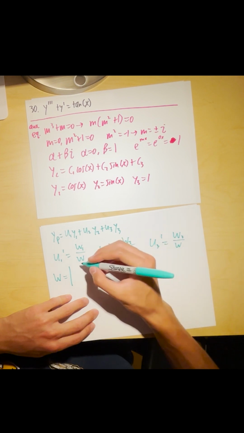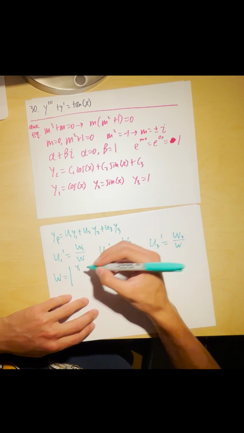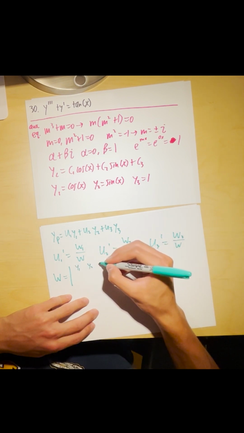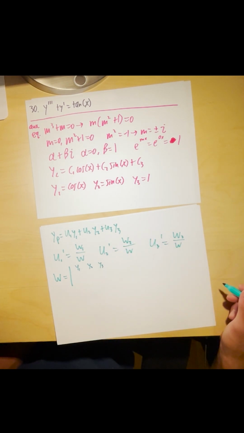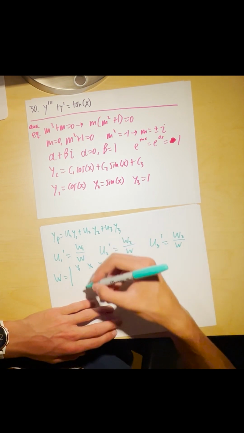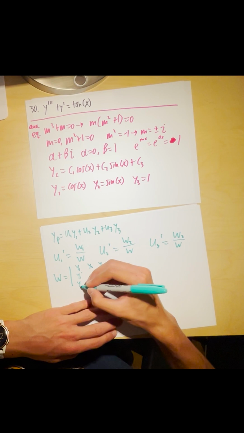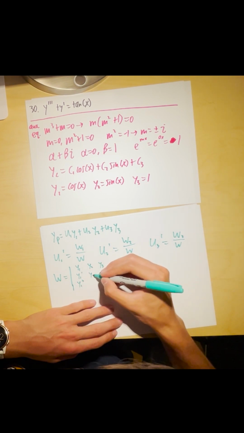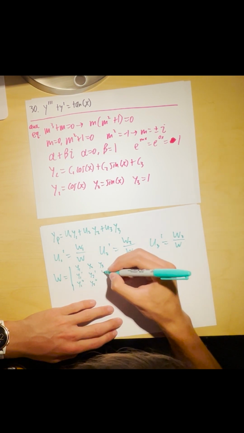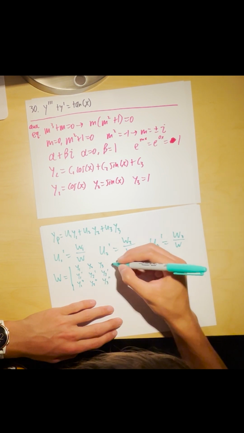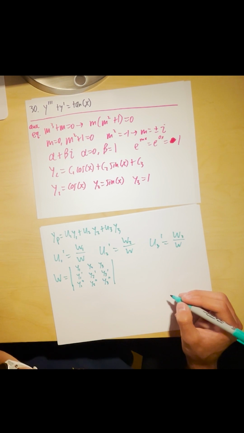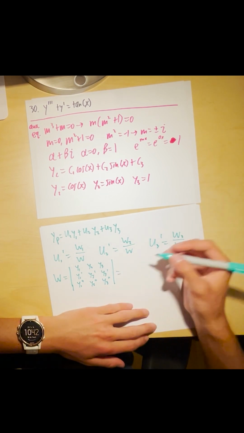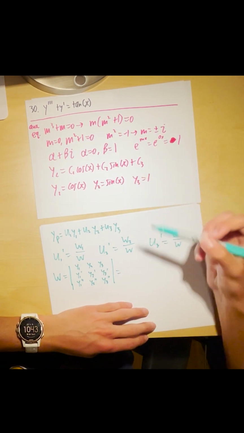We're going to have y1, y2, and y3. This has to be a square matrix, so we're going to be taking the first derivative and the second derivative of each of these. So we have y1 prime and y1 double prime, y2 prime, y2 double prime, y3 prime, y3 double prime. Actually, hold on, we're going to plug in our values from up here.